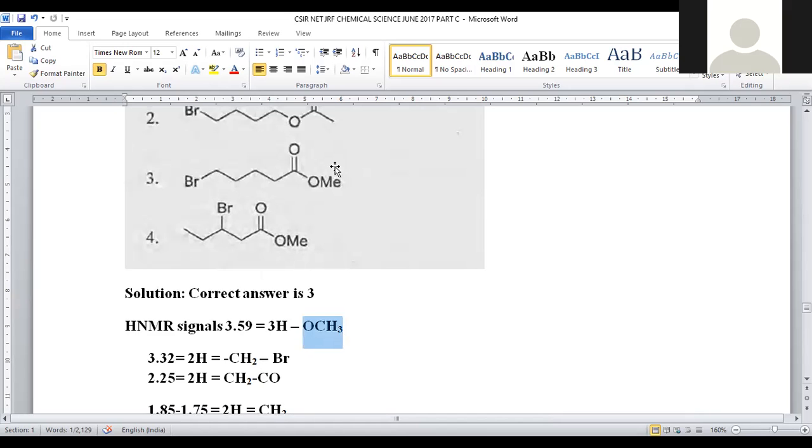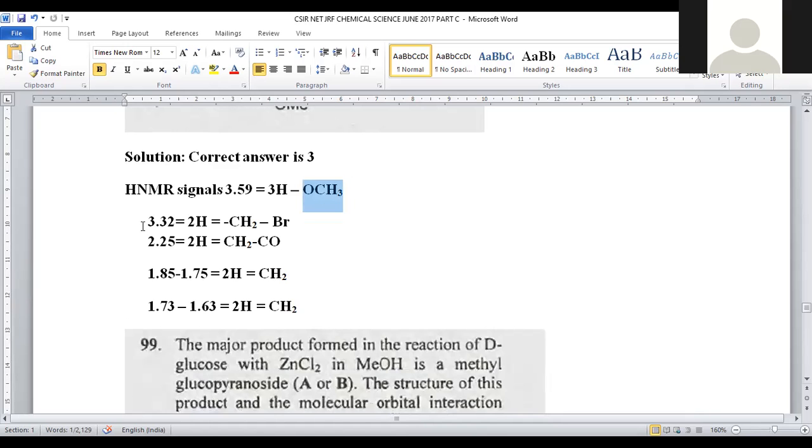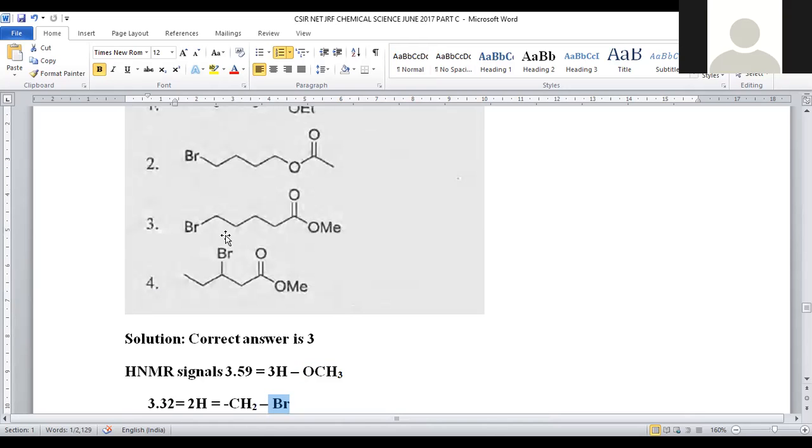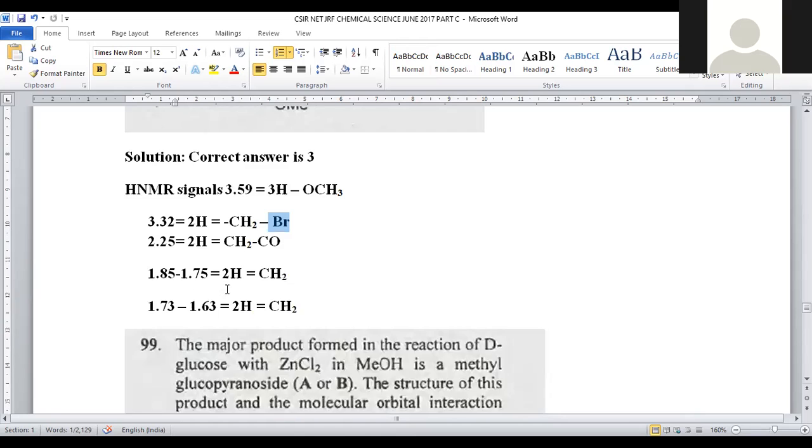Just now we checked that compounds 3 and 4 have methoxy. 3.32 is 2 hydrogens, whenever the methylene group is directly linked with electronegative bromo. This CH2 gives rise to the 3.32 data.